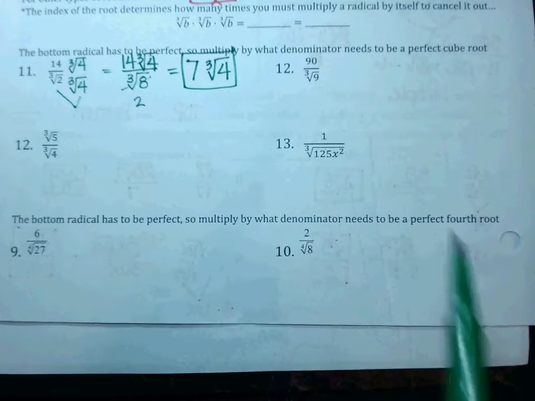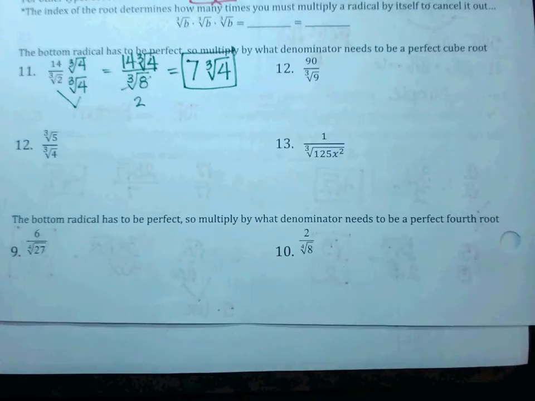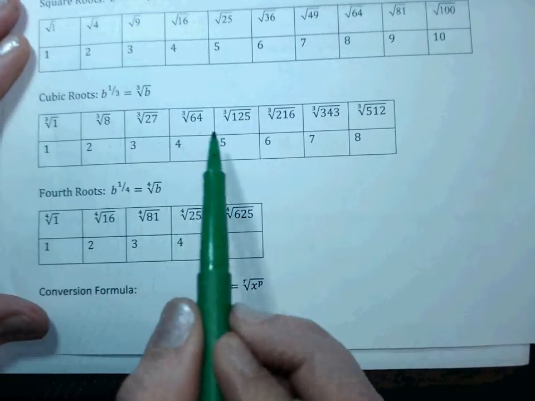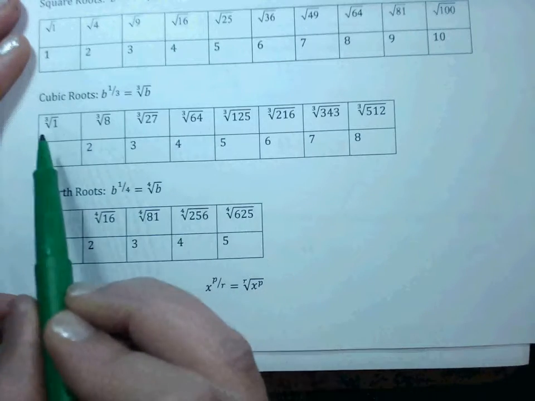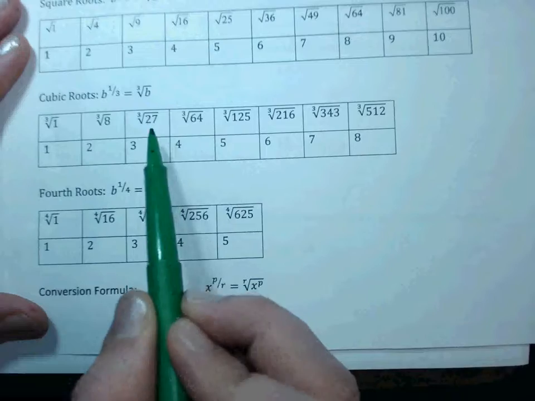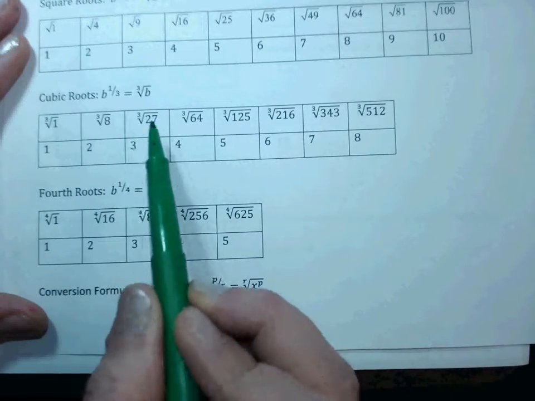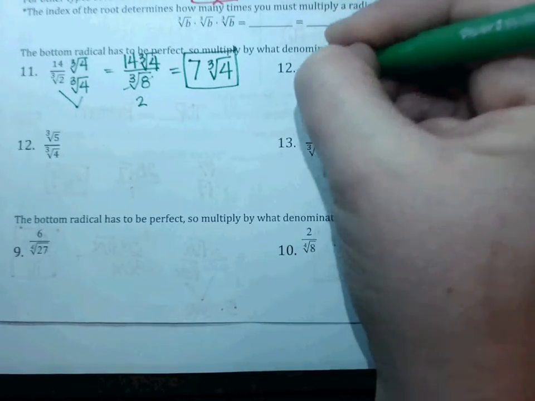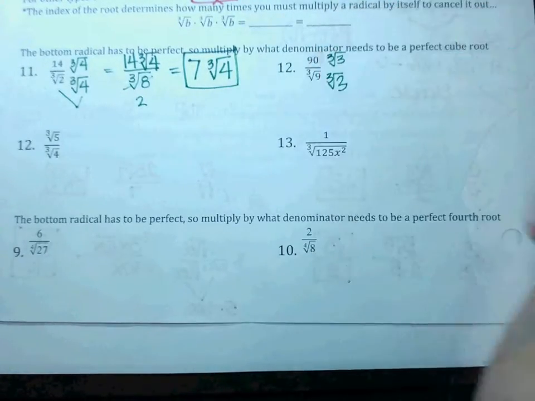This is a 9. Look at your list. I'm going to put mine up here. What could I times 9 by to make it one of these? 3. Okay, 9 times 3 would be what? 27, right? So I'm going to put a cubic root 3 on top and on bottom.